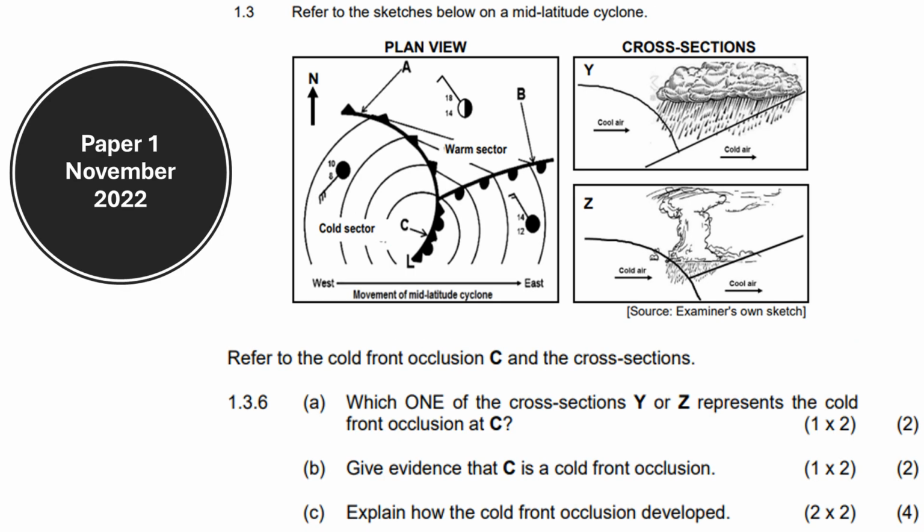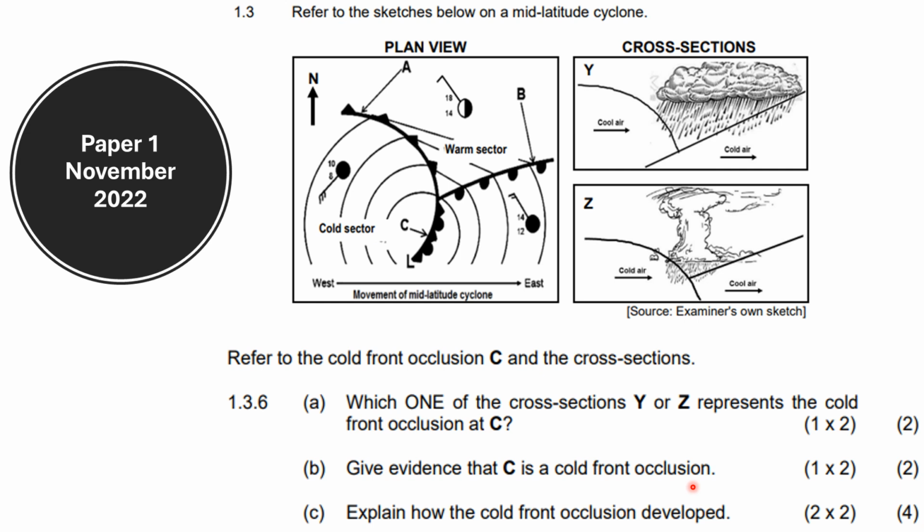The rest of the questions refer to the cold front occlusion, mark C, and the cross sections. 1.3.6a, which one of the cross sections, Y or Z, represents the cold front occlusion, and the answer is going to be Z. The question then says give evidence that C is a cold front occlusion.